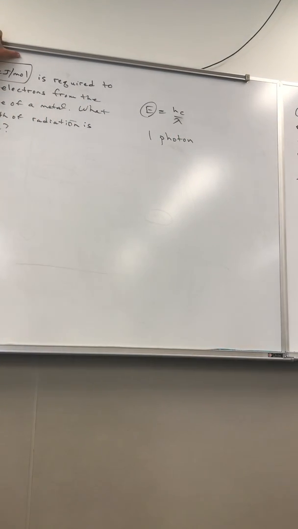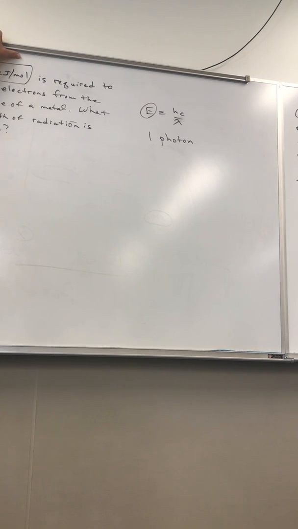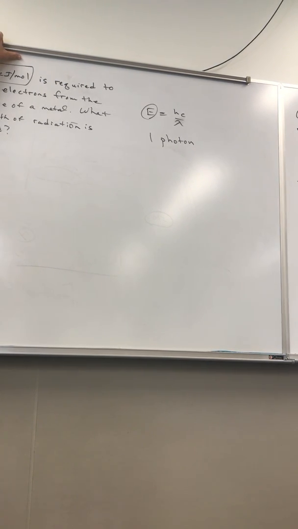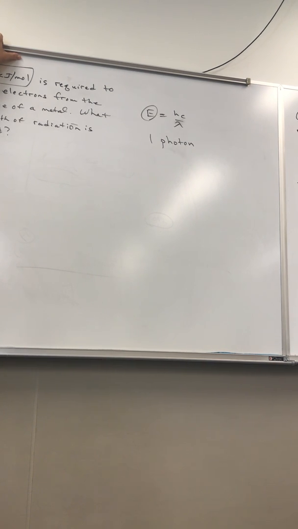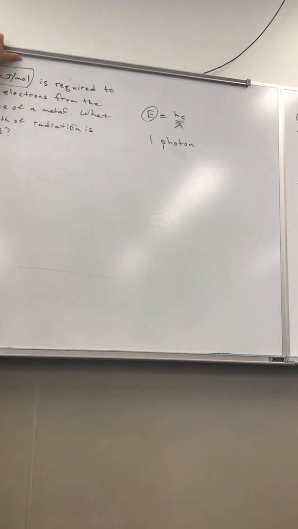We have apparently a mole of photons. So how are we going to get from mole to just one? What's a photon? It's a particle, right? We have to use Avogadro's number. That's the only relationship we have between one of something and a mole of something.